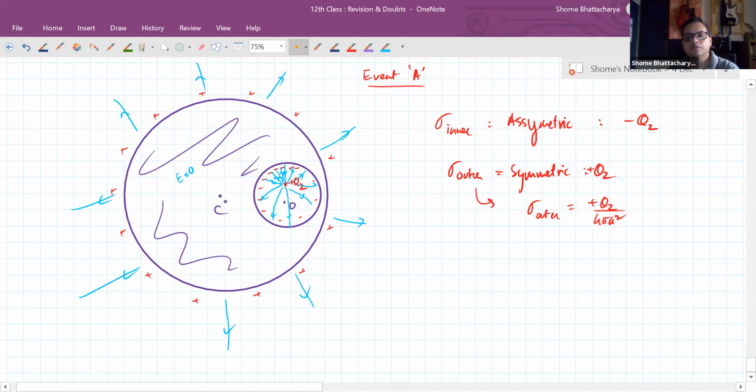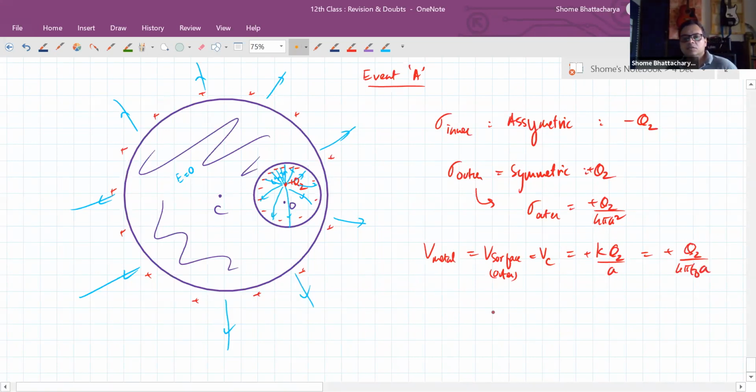So the potential of the metal because of this event is equal to the potential at the surface, that is obviously the outer surface, is equal to the potential at the center, which will become K times Q2 divided by R, because this radius is R, or plus Q2 upon 4 pi epsilon naught R.